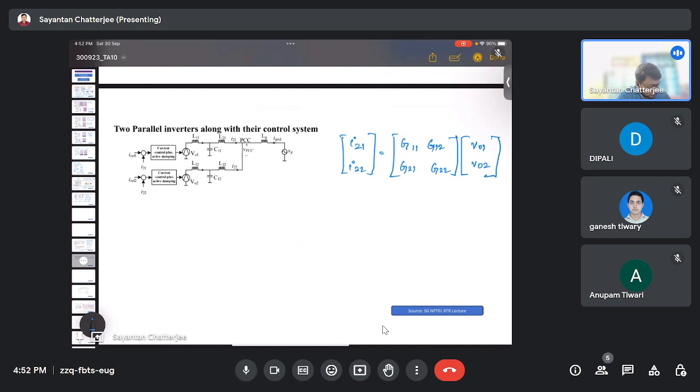So this is for the two parallel inverters. The transfer matrix.